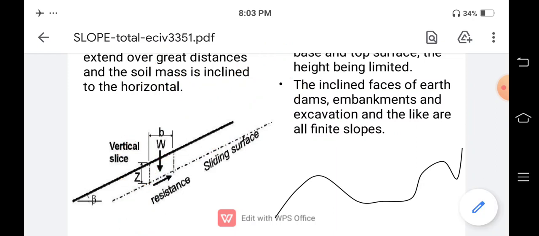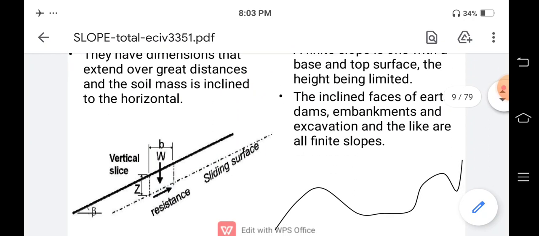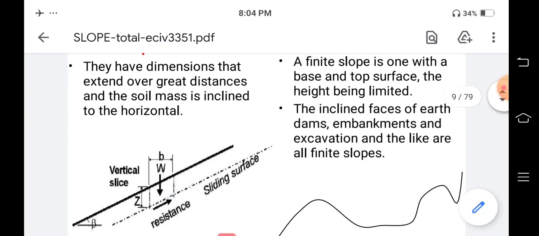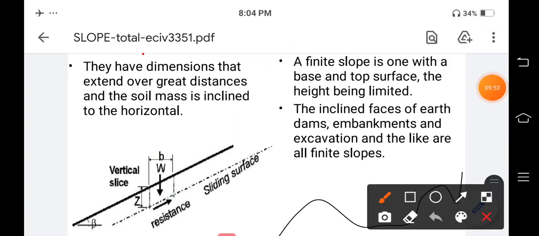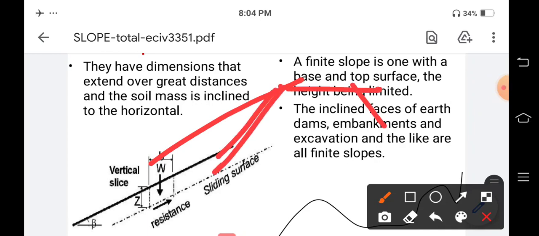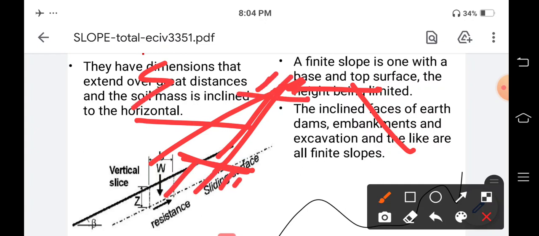The second one is called a finite slope. A finite slope means a slope that is bounded at top and bottom. Take the example of the earthen dam. The earthen dam is an example of a finite slope, which is a man-made slope. It is bounded at top as well as bottom, and that's why it is called a finite slope.